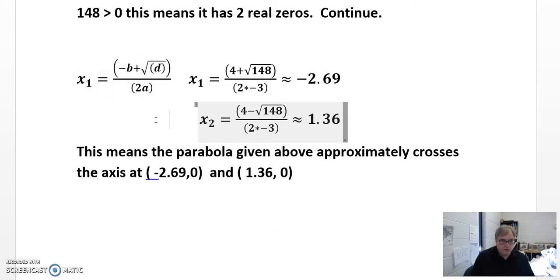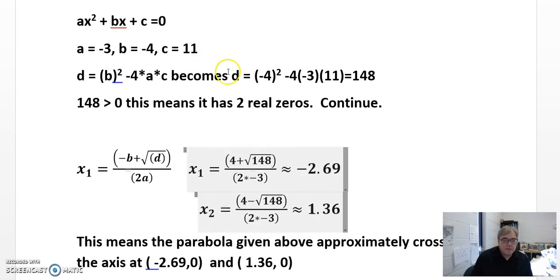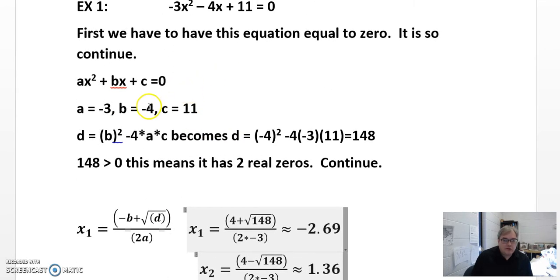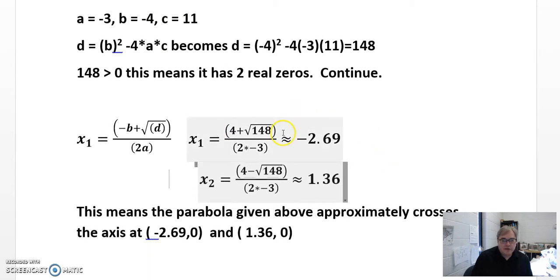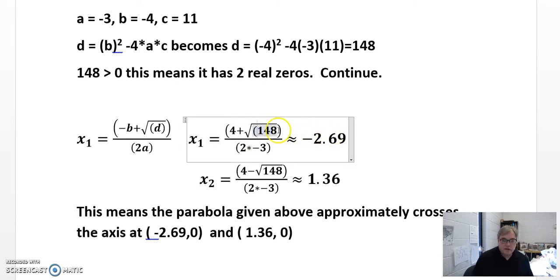I'm just going to plug in my a's, my minus b's, my c's into this. You have to be a little careful. Minus b: well, b is -4, so minus a -4 gives you a +4. Put in my 148. I have 2 over 2 times -3, and I should have parentheses right here.